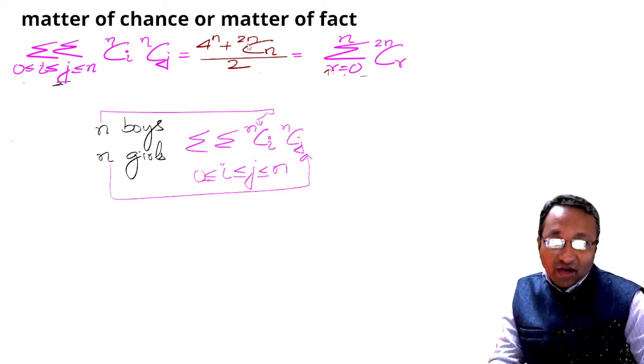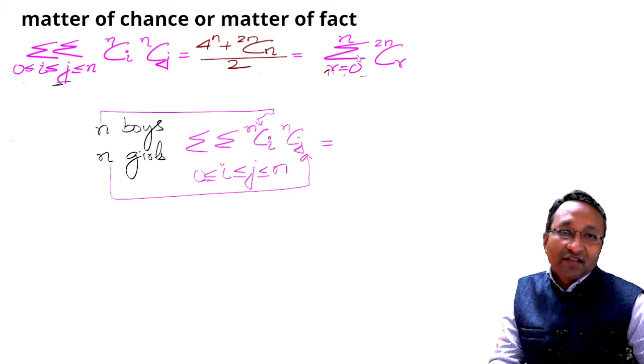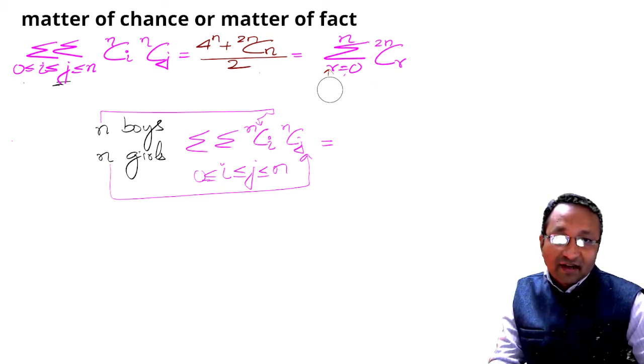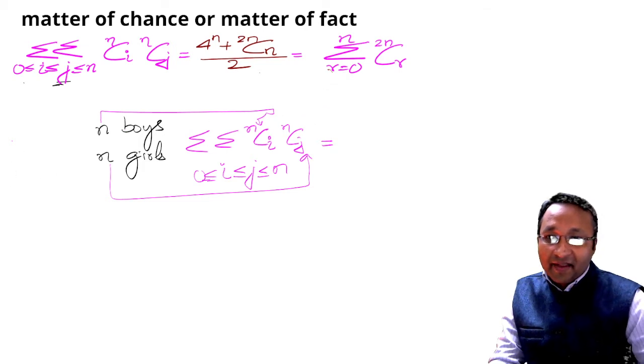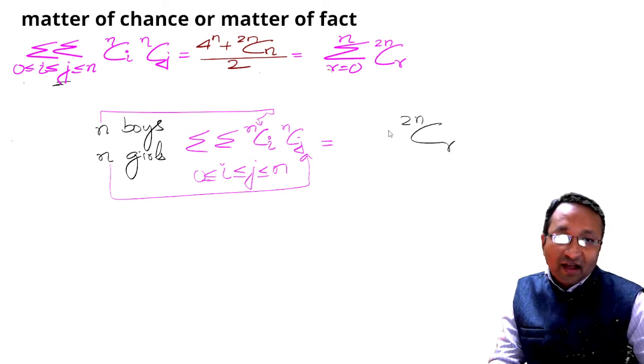I don't really want to know this value, but can I equate that the number of ways in which this selection can be done is as good as the number of ways represented in the right hand side? What is the right hand side? Among these 2n students, you choose R students. What is R?